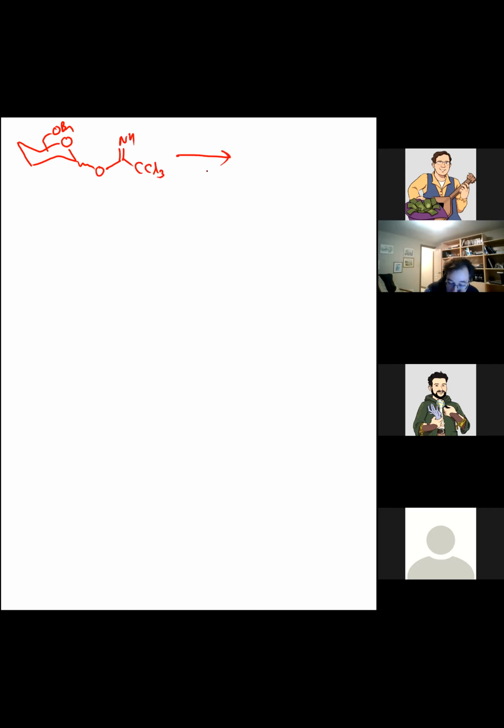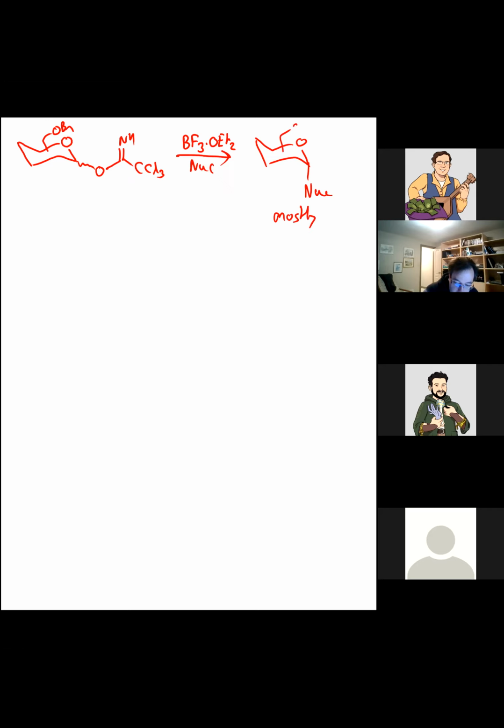If you take that, either anomer, doesn't matter which one, you treat that with BF3 etherate, which is another Lewis acid, then you just get a nucleophile, mostly.